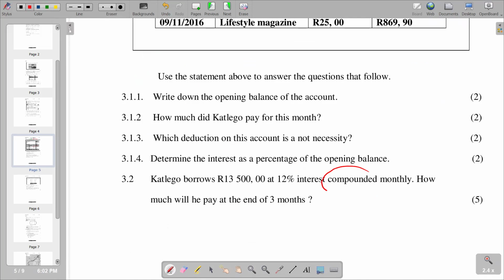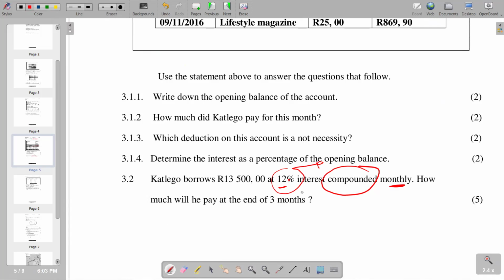It means we multiply the proportion of our percentage, which is 12% of 13,500 in the first month. Our 12% is given per annum, but the question needs us to calculate when it is compounded monthly.